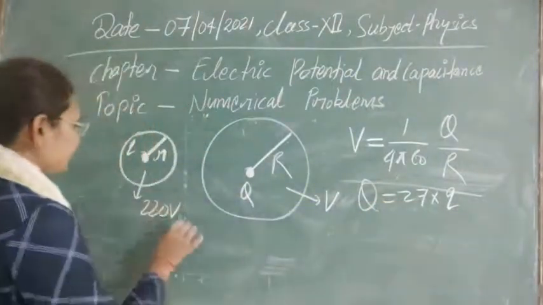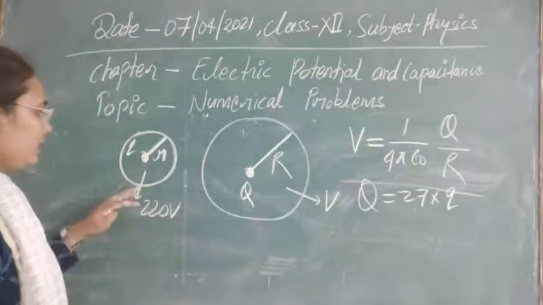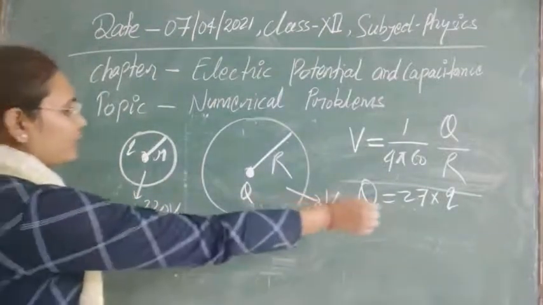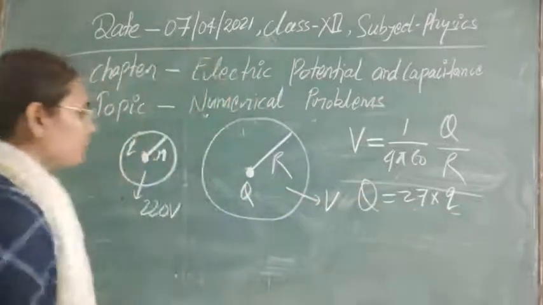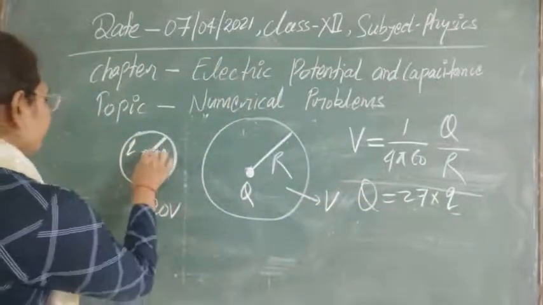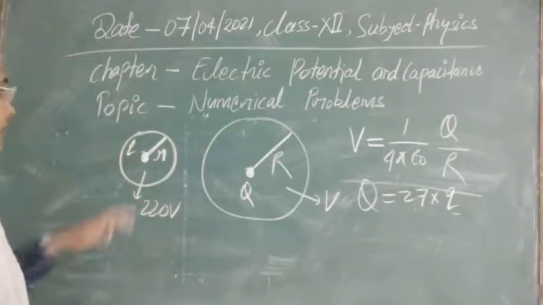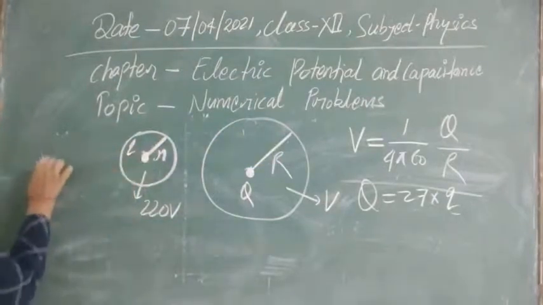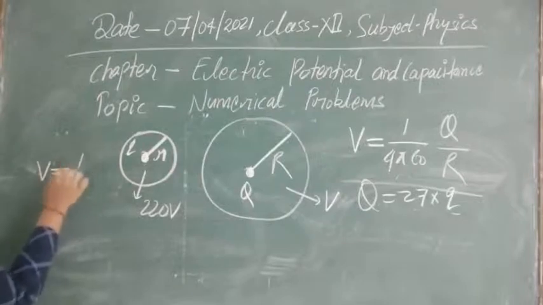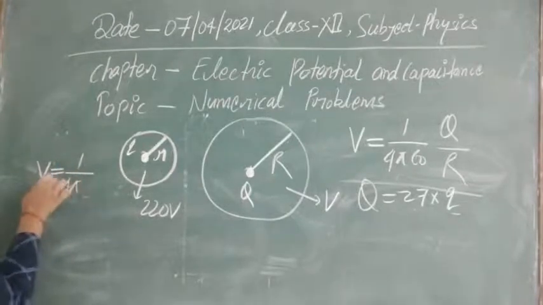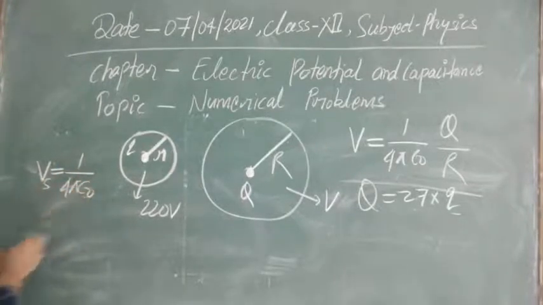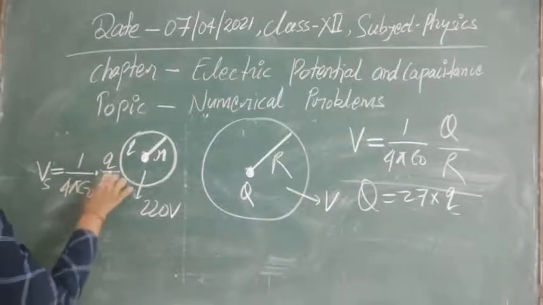Now as the potential here is given, we can calculate this small q in terms of potential. With the same concept, a small charge q is situated at the center, so we can find the potential at some distance small r. Suppose Vs is 1 upon 4 pi epsilon 0 times q divided by r.